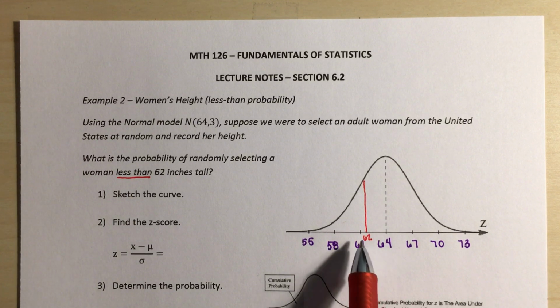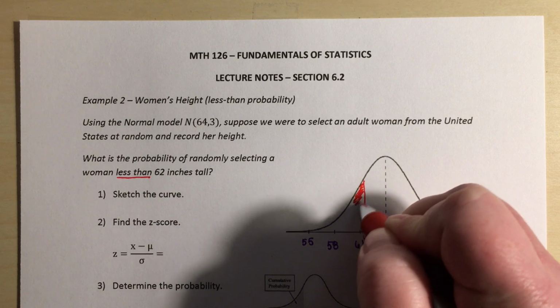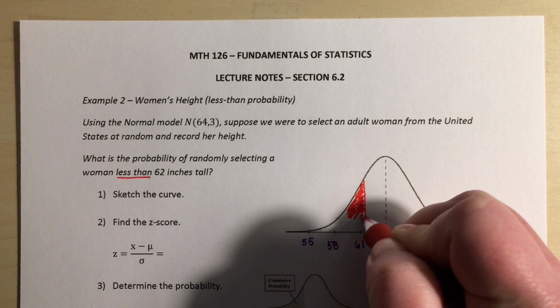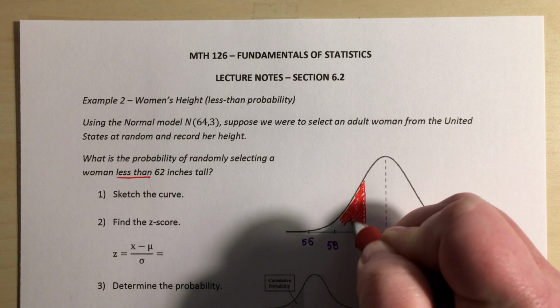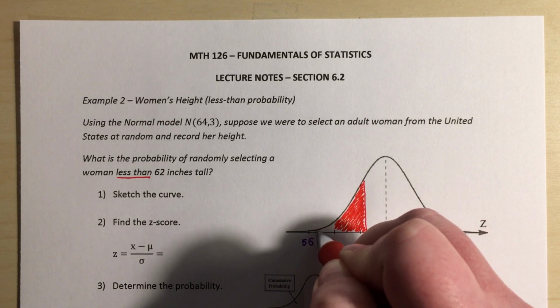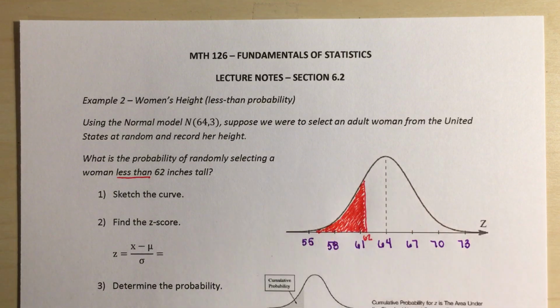Less than means we're going to shade our area to the left. So we're just going to shade in this area in our curve. All right, so that is step 1. We have sketched our normal curve, we have put our value that we are looking for in there, and then we have shaded it appropriately.